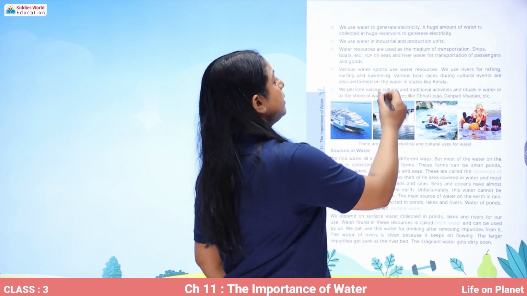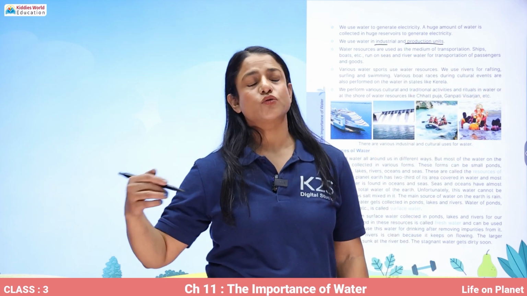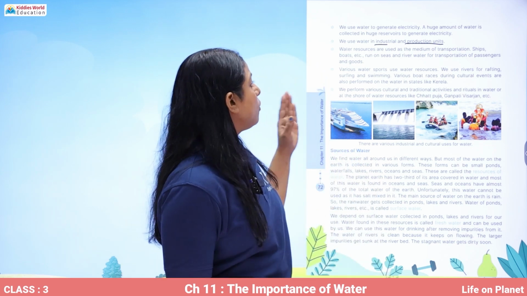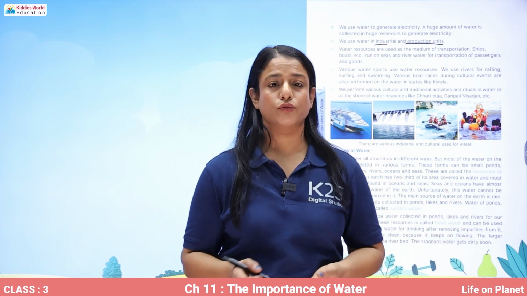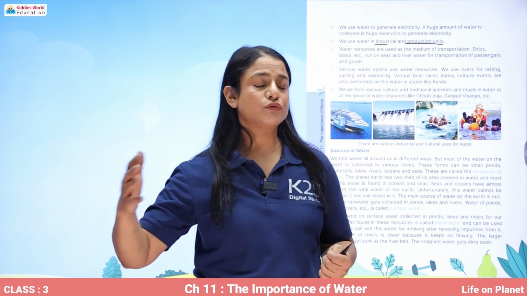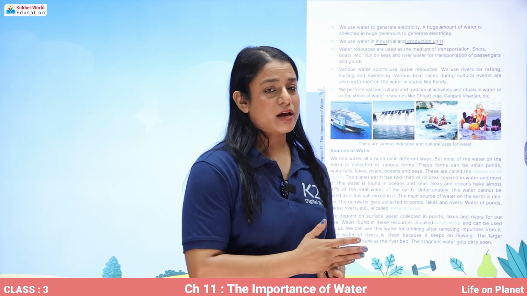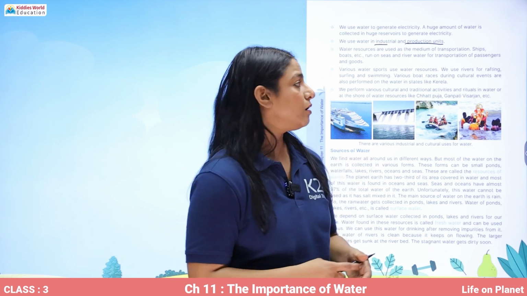We use water in industrial and production units. So, water is also used in various industries and factories. Water resources are used as medium of transportation also. So, people or goods are transported through water, whether it is ship or boat or cruise or yacht, anything.